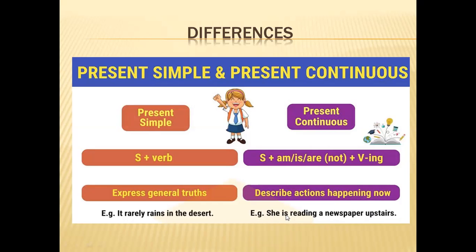Pay attention. We have the subject, she, the verb to be is, and read is the verb plus ing, reading, a newspaper. So that is what she is doing now, okay?